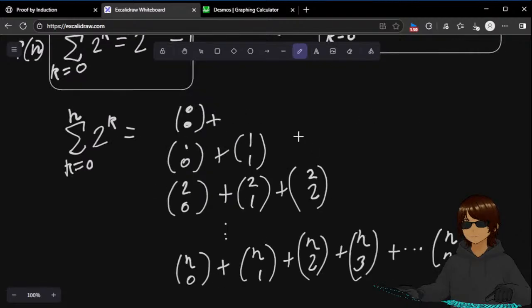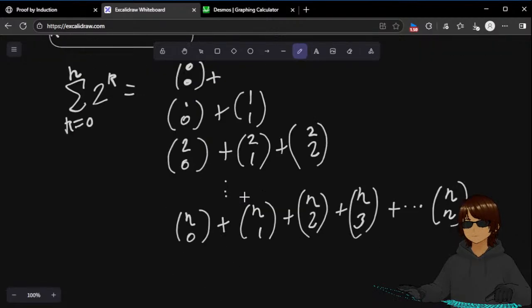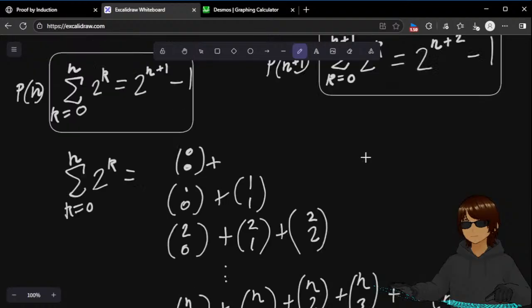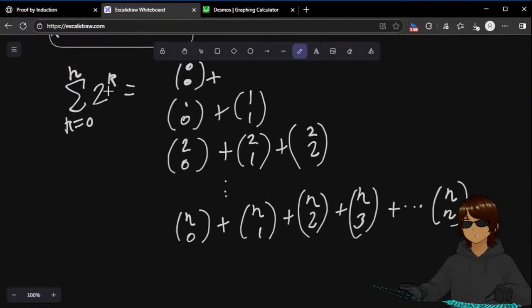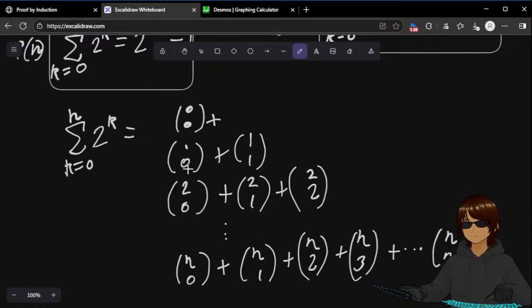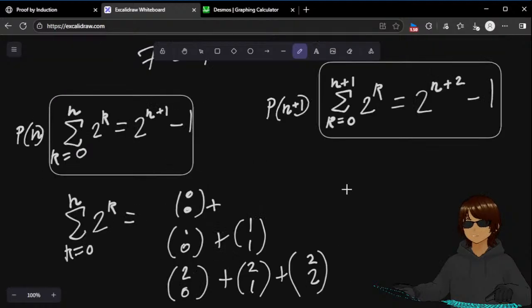It's the sum of all this. Because 2 to the power of 0 is this, 2 to the power of 1 is this, 2 to the power of 2 is this, right? Or wait, power of 0, power of 1, power of 2. Yes, yes.